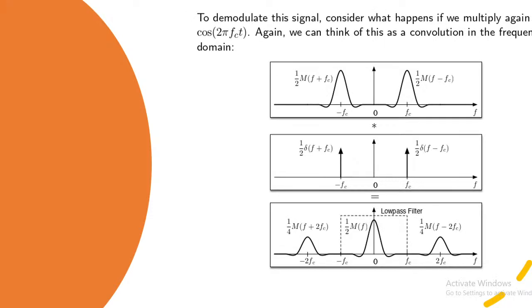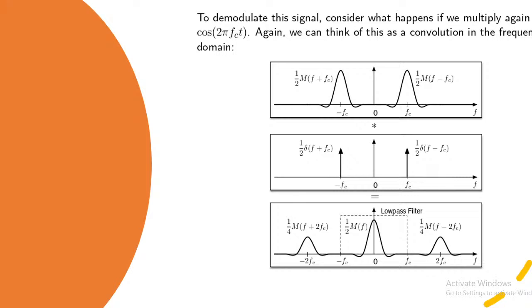Now if you want to demodulate this signal, what we have got in the modulated signal is the message signal at f plus fc and f minus fc, so at minus fc and plus fc. Now what we have to do is get them back to around 0, so f equal to 0, which is where the original signal was.